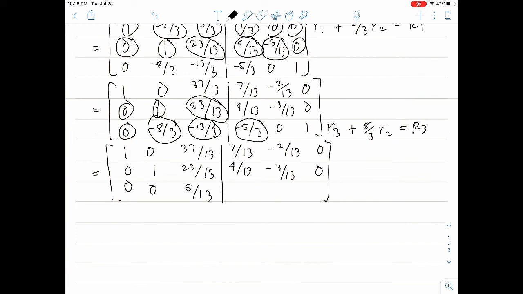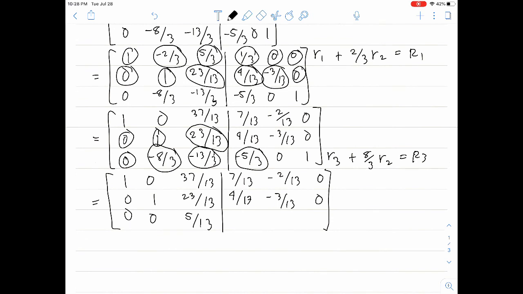So next is negative 5 over 3 plus 8 over 3 times 4 over 13. It's negative 11 over 13. Then 0 plus 8 over 3 times negative 3 over 13 is negative 8 over 13. And 1 plus 8 over 3 times 0 is just 1.